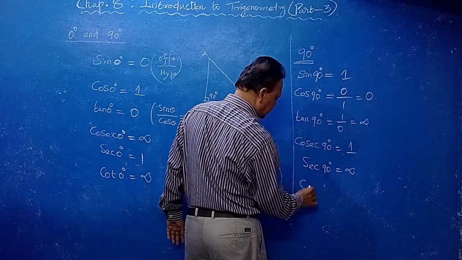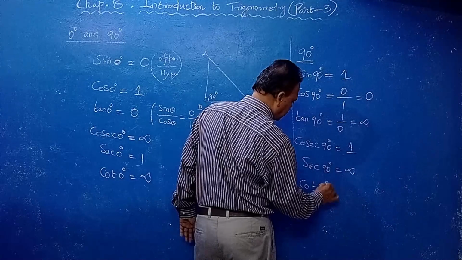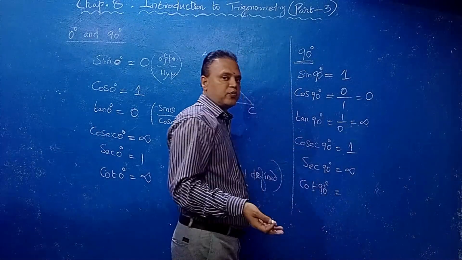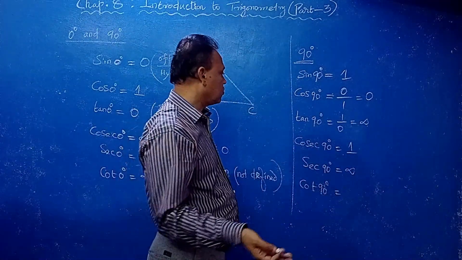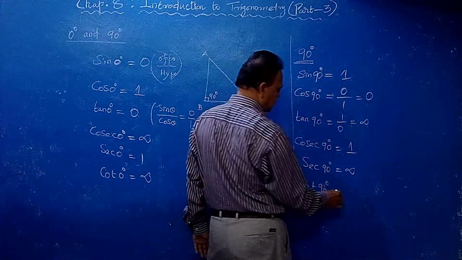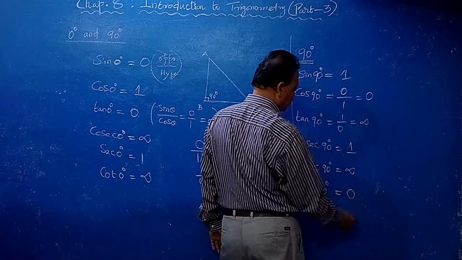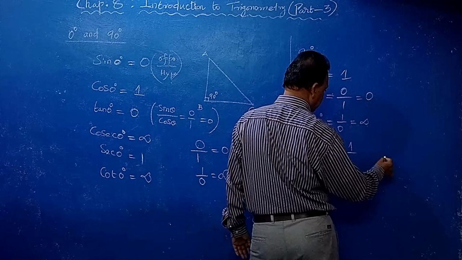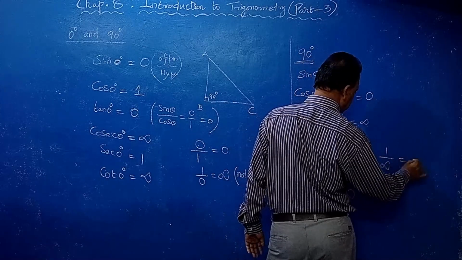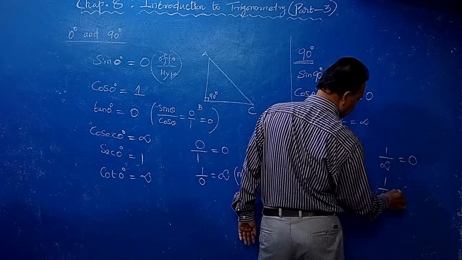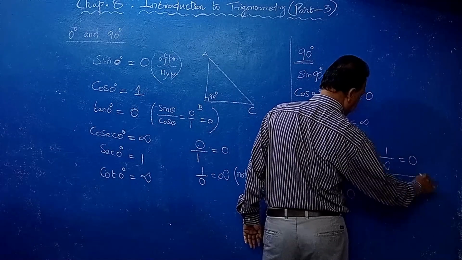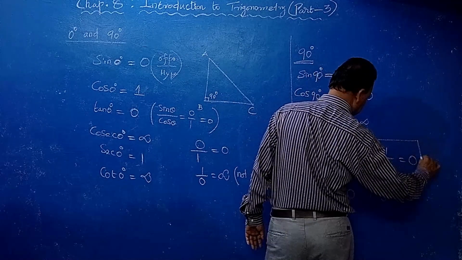Now cot 90 is, remember, the reciprocal of infinity, that is 0. The reciprocal of infinity is 0. That is 1 by infinity equal to 0, and 1 by 0 equal to infinity. These two formulas you always have to remember.